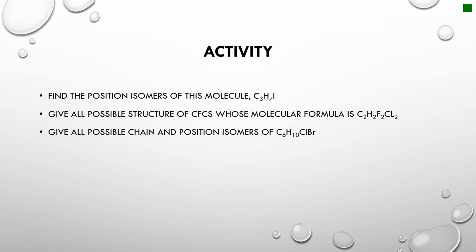Give all possible chain and position isomers of C6H10ClBr. To help you, for every structure you find, try to name it. This will help you identify the main difference between one structure and another.